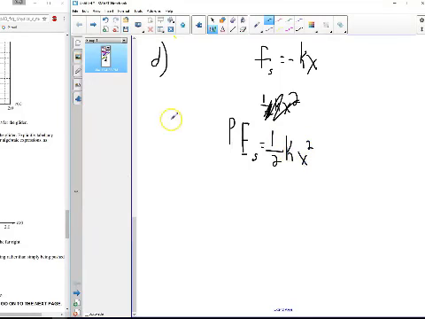And in addition to knowing PE is equal to 1/2 kx squared, we also know that the kinetic energy is equal to 1/2 mv squared.